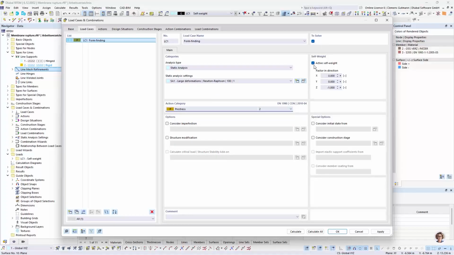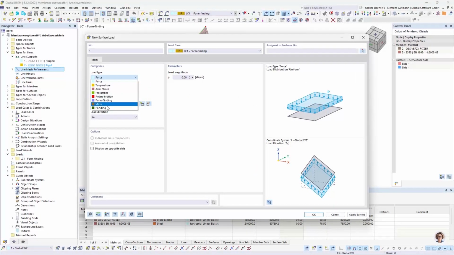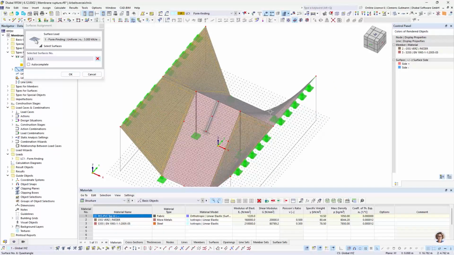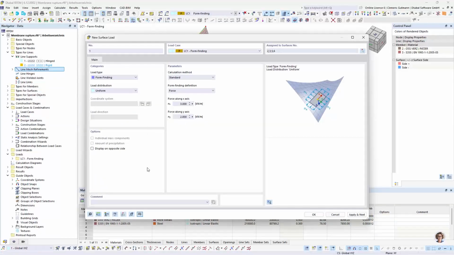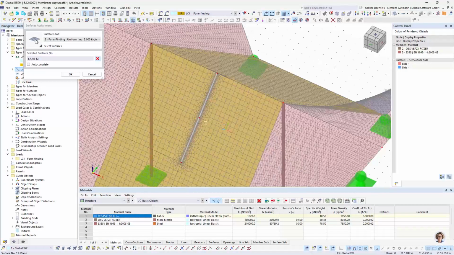Okay, I'm going to deactivate the self-weight for this analysis, and then we have the surface loads of type form finding, and I'm going to use a ratio of 3 to 2 for the outer areas, and then 3 to 1 for the middle one.